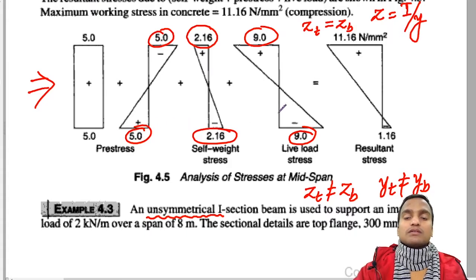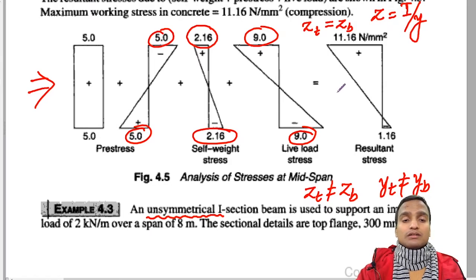The reason is that ZT was equal to ZB. But what happens when they are not equal, in the case of an unsymmetrical section? Then we have to add these stresses in a tabular fashion. Okay, so let's do this.